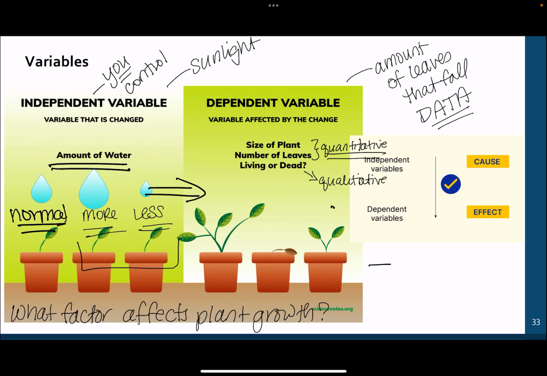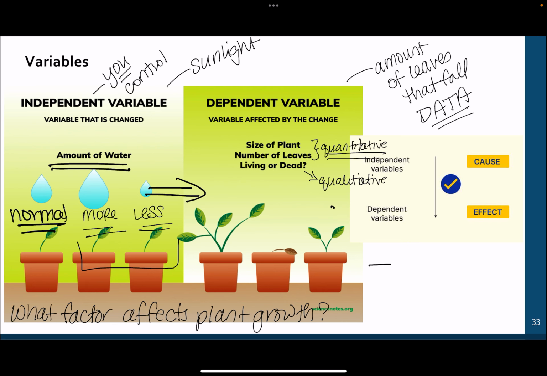So I mentioned control groups already. The control group is going to be your normal or your comparison. The control group could receive no treatment. So for example, if you are doing a drug study and you want to evaluate the effectiveness of an herbal supplement on the length of a cold, you might have a group that doesn't receive any treatment for their cold, and then they would be your control group or your comparison group.